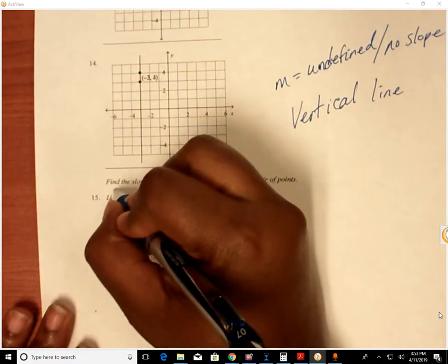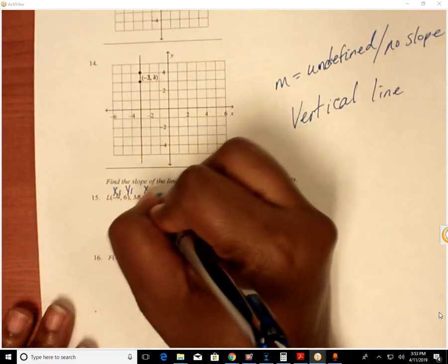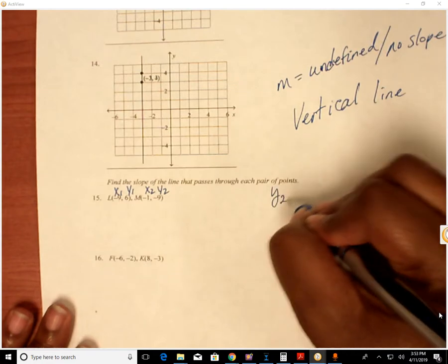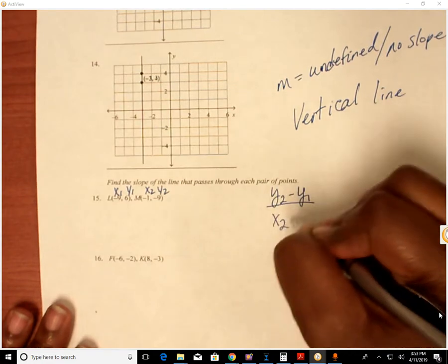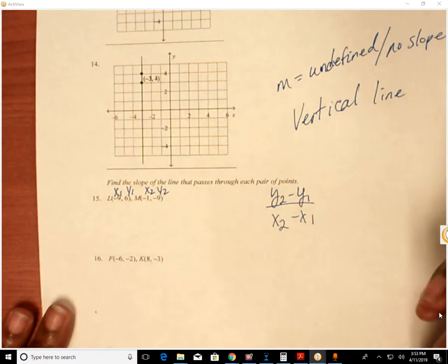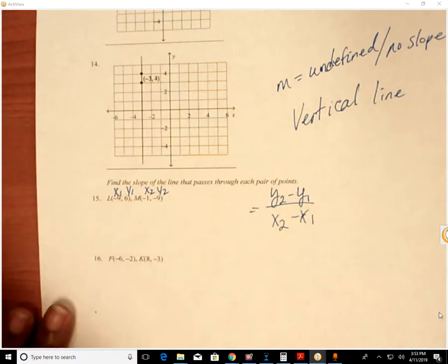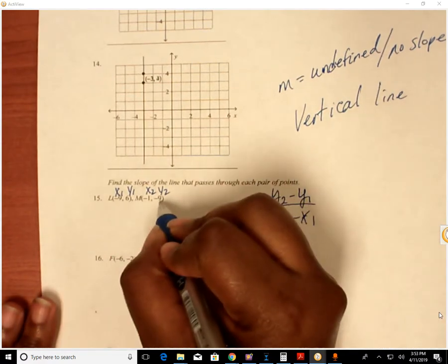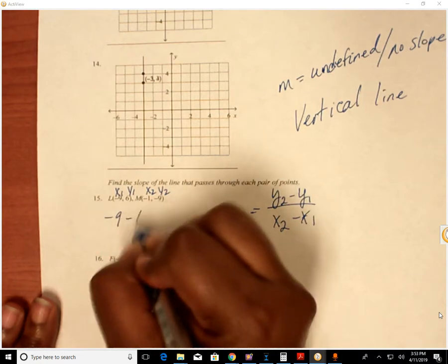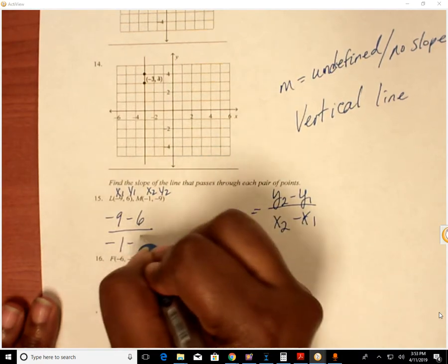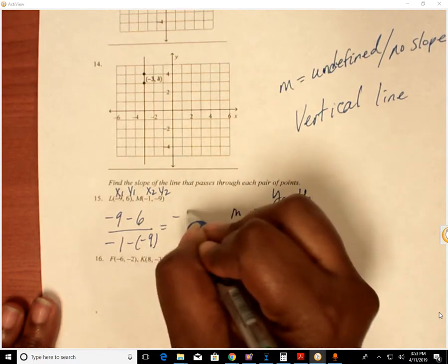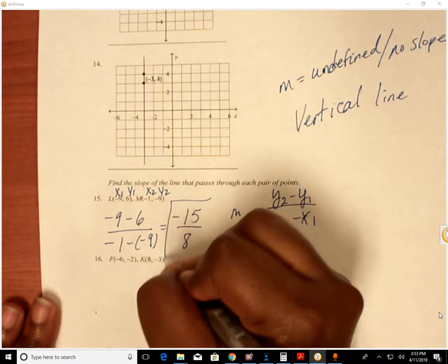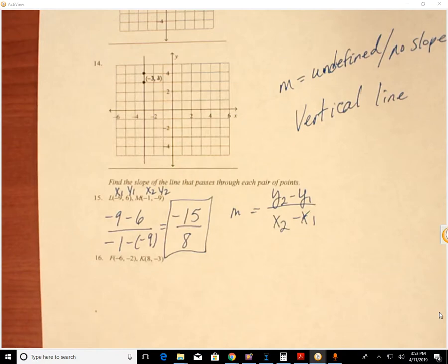So here we're going to do x1, y1, x2, y2. Remember, this is y2 minus y1 over x2 minus x1. And that is your slope. So negative 9 minus 6, over negative 1 minus negative 9. This is going to give you a negative 15 over 8. And that is simplified because the factors of 15 are 5 and 3. Neither 5 nor 3 can go into 8.